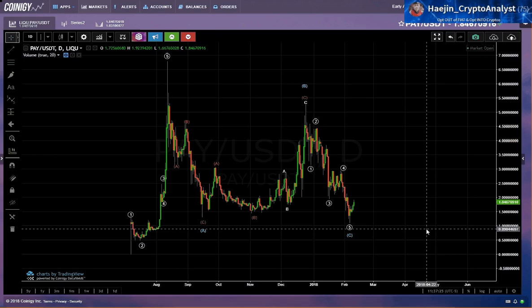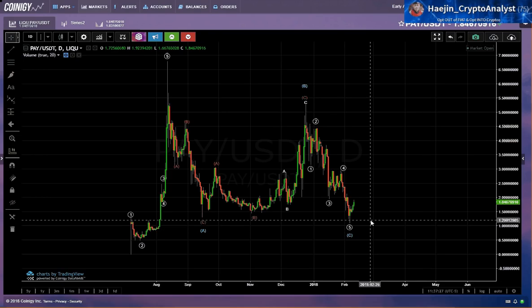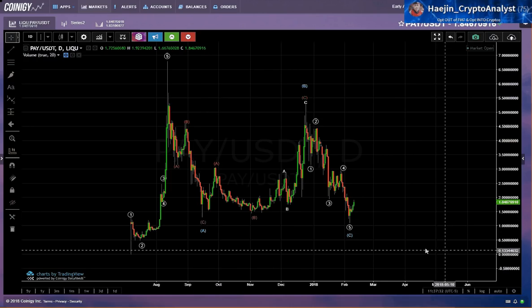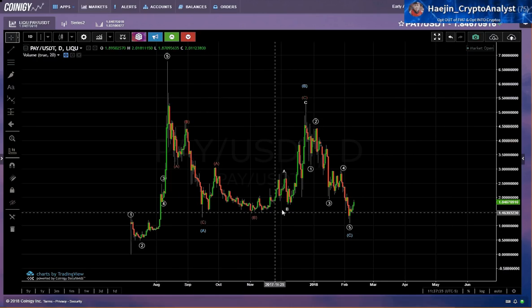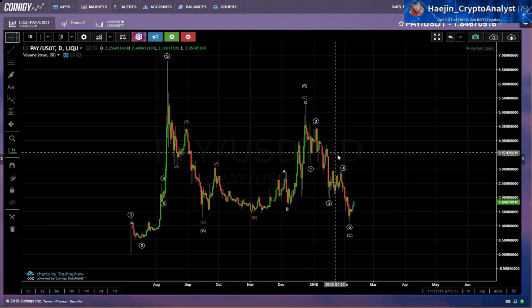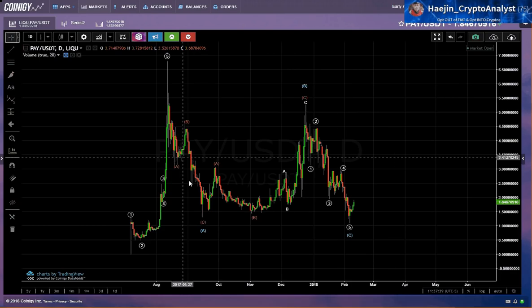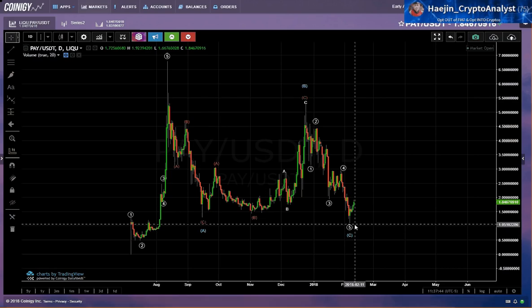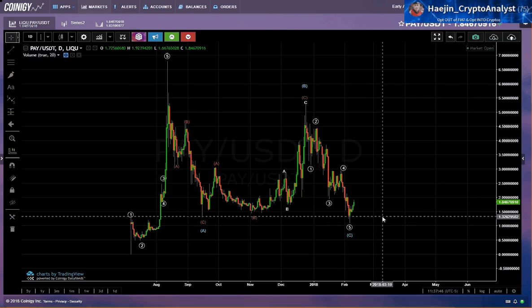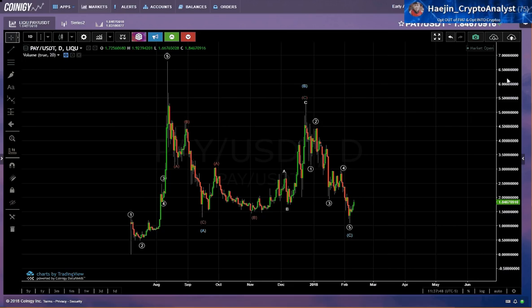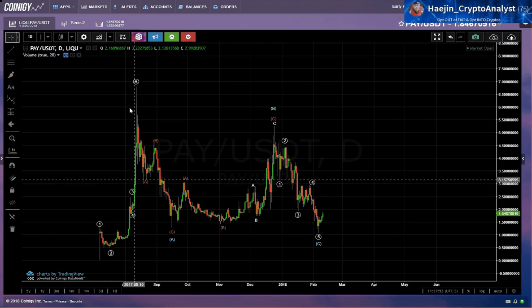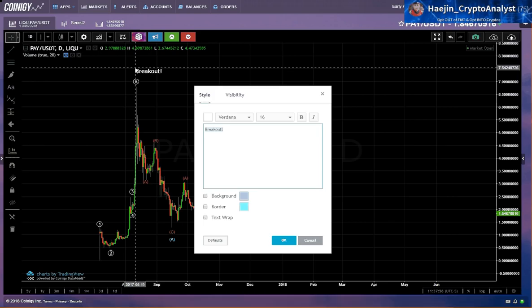If this is correct, the bottom could be in. And this bottom was slightly lower than this. So while originally this could have been a cup and handle, it decided to take a more broader stroked A, B, and C. From a degree perspective, this 1, 2, 3, 4, 5 becomes wave 1.